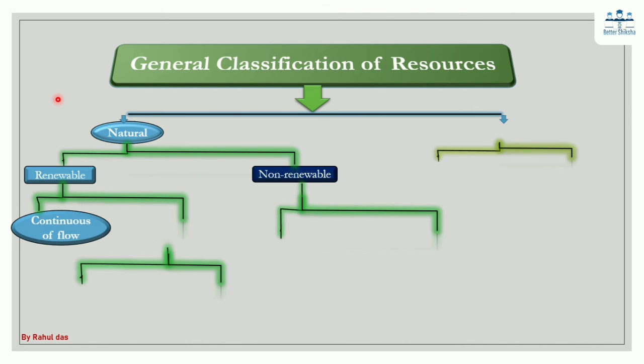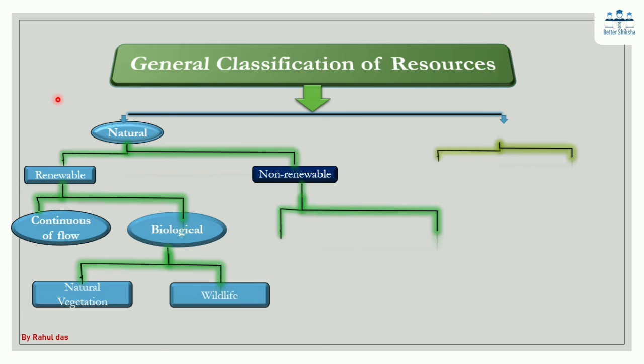Secondly, renewable resources are again divided into two, that is continuous flow, which includes wind energy and ocean energy, and the second one is biological energy. Biological energy is further divided into natural vegetation, that is forests, which you can see, and the second one is wildlife resources.